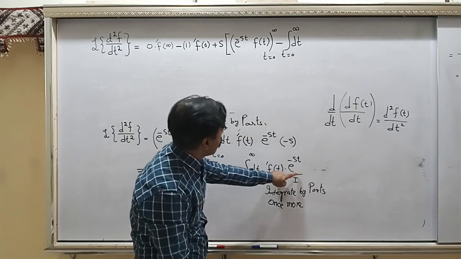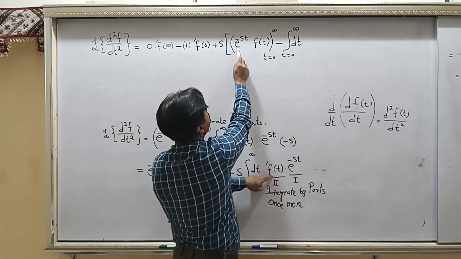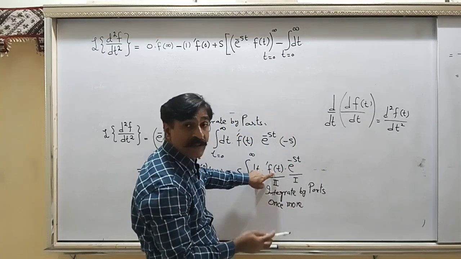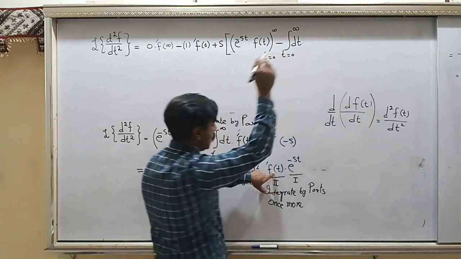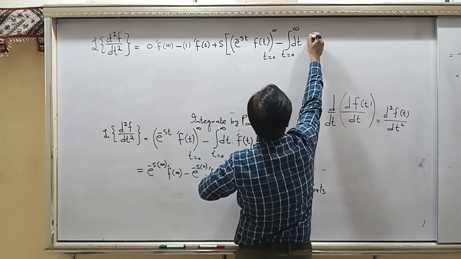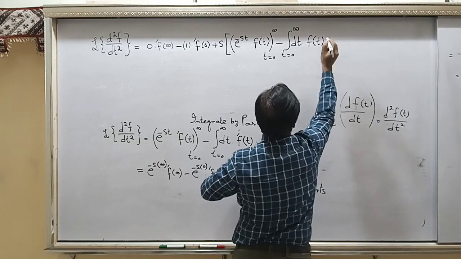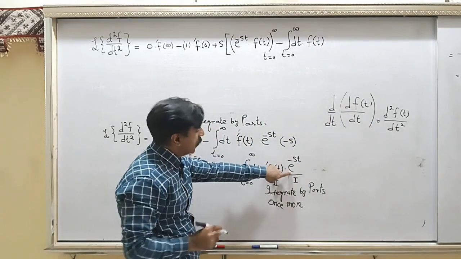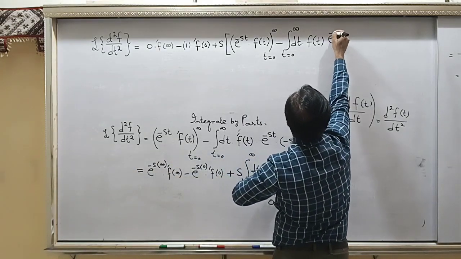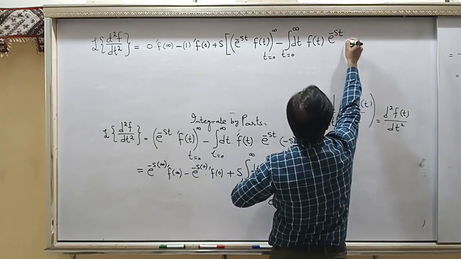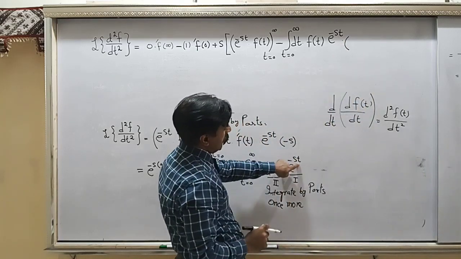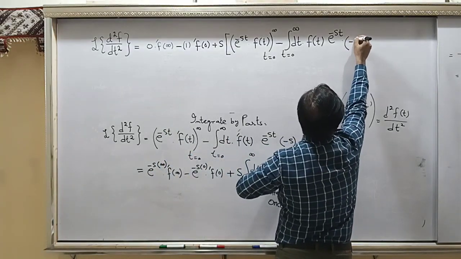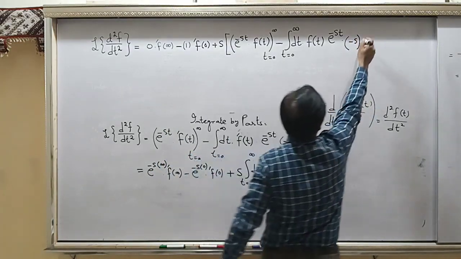Now read again: first function into integration of second, minus integral of the integration of second into the derivative of the first. The integration of f prime leaves no prime, and the derivative of the first means the derivative of the exponential, which is the exponential into the derivative of the exponent, meaning the power. So it is minus s, and you are done. Close the bracket now.